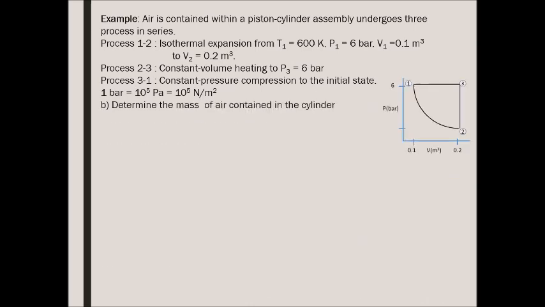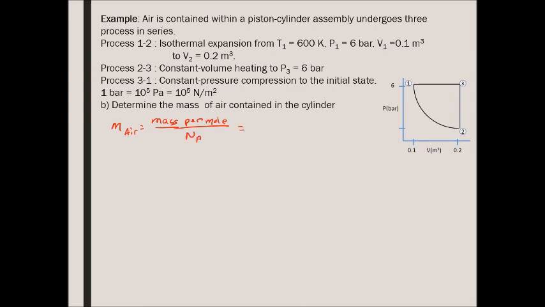I'm going to look at the mass contained in the cylinder, and for this we're going to use the ideal gas law. We're going to use the physicist version of it again. Like we did in class, the mass of air is going to be the mass per mole divided by Avogadro's number.